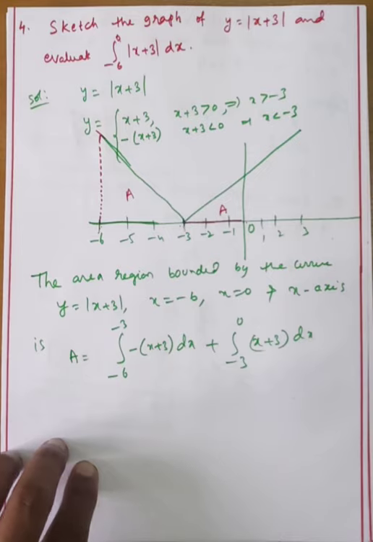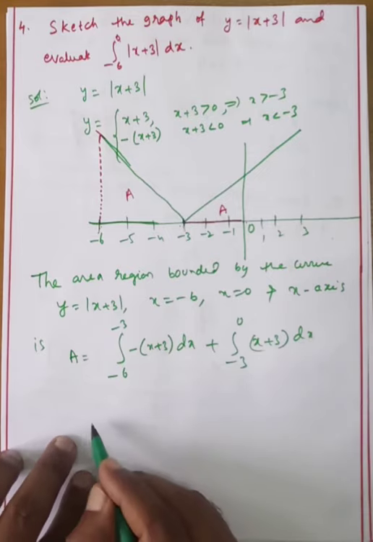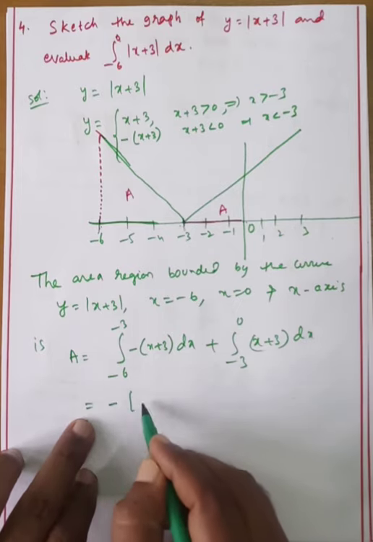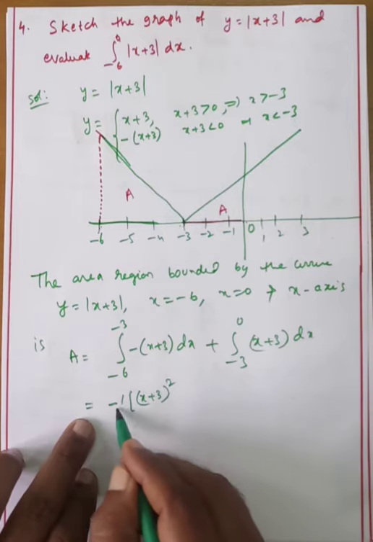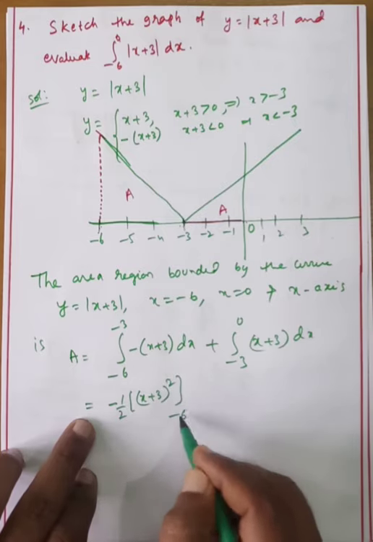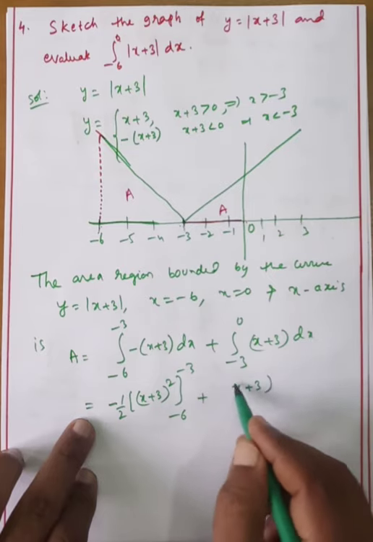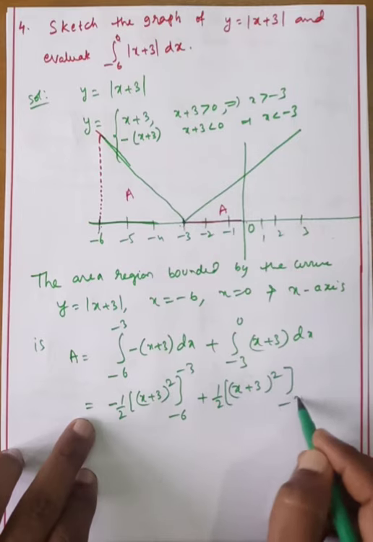Whenever you remove the modulus, plus or minus. Whenever you take the minus, whenever you take the plus, that is enough. That is equal to minus of (x plus 3) whole square by 2, so you write here 1 by 2. This is minus 6 to minus 3, plus (x plus 3) whole square by 2, by 2 right here. Okay, minus 3 to 0.